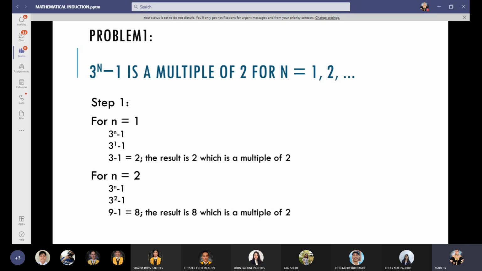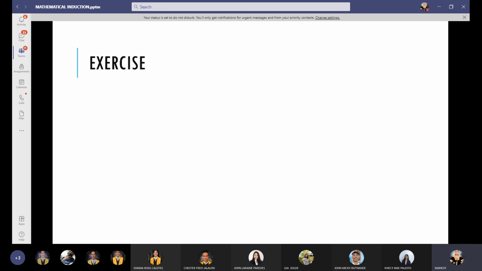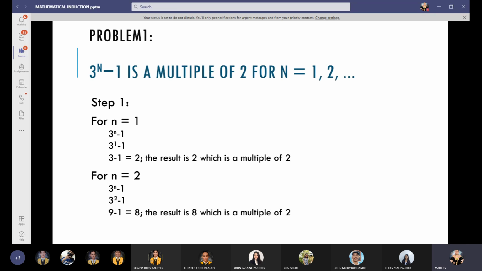Are we clear? So the result of 3 to the power of n minus 1 is always a multiple of 2, and it is still true for the rest of the numbers: 1, 2, 3, 4, 5, 6, 7, 8, 9, 10, and so on. Are we clear? Questions so far?